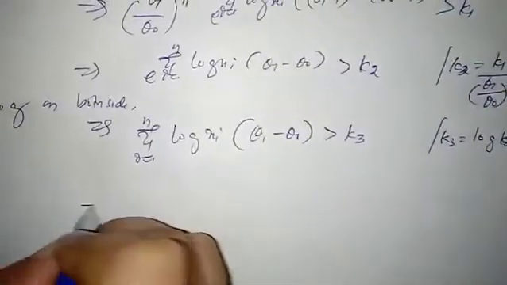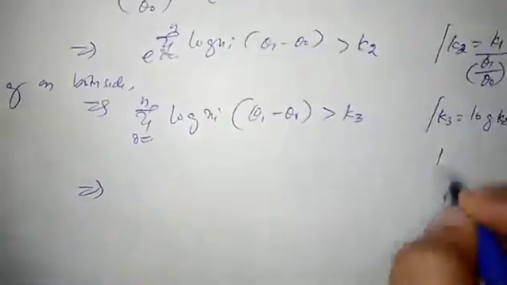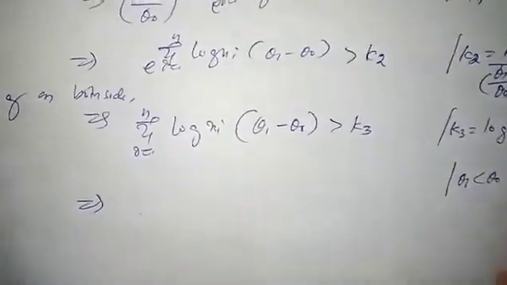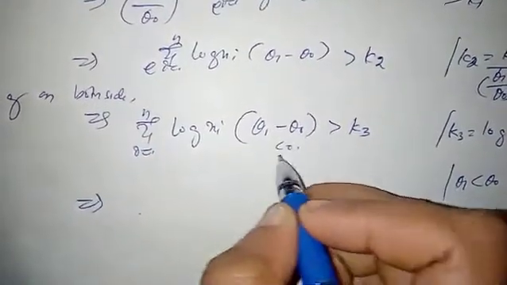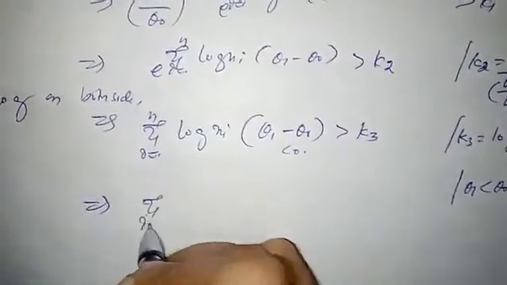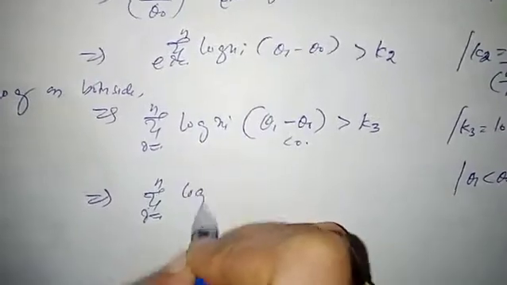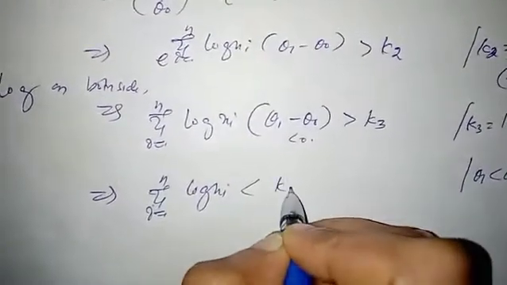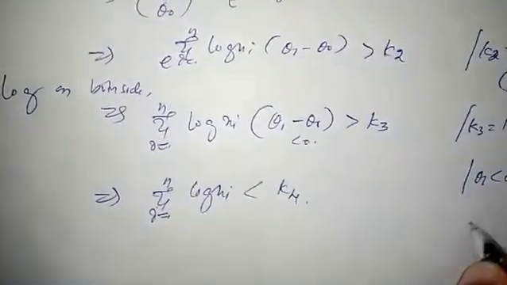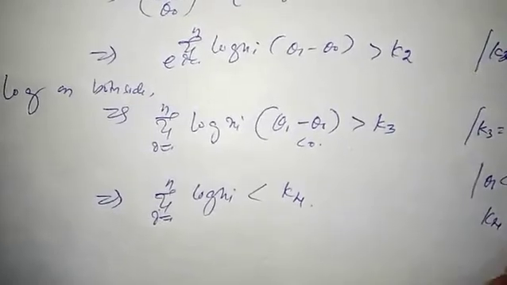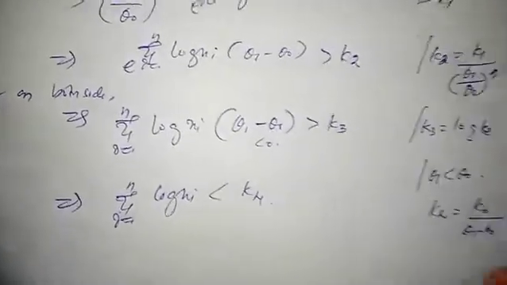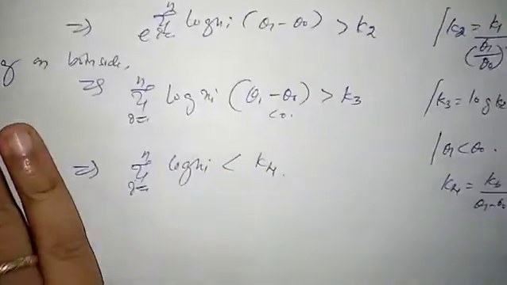Which implies, it's given that theta 1 is less than theta naught, then this term is less than 0. Then summation i equal to 1 to n log xi is less than k4, where k4 equals k3 divided by (theta 1 minus theta naught).